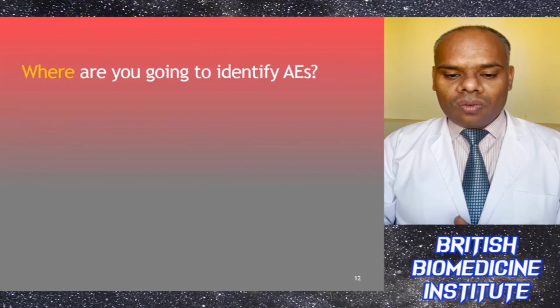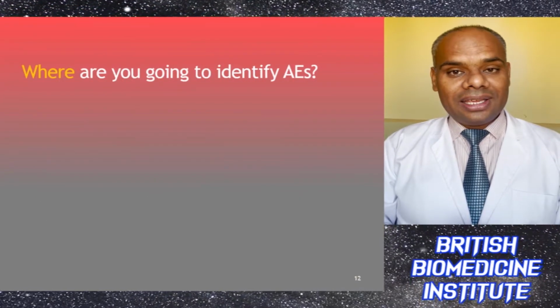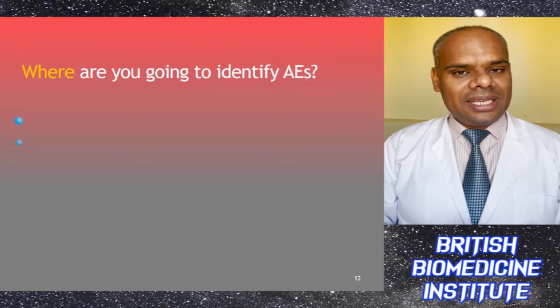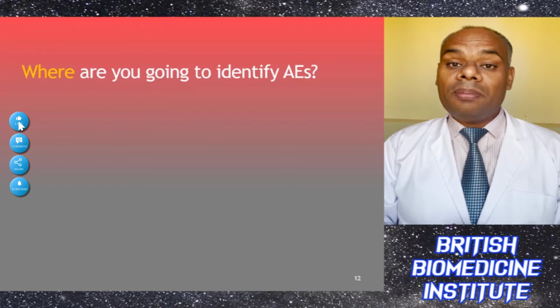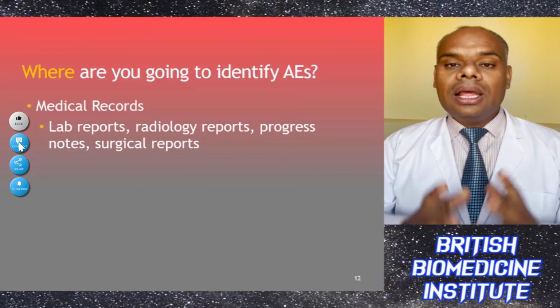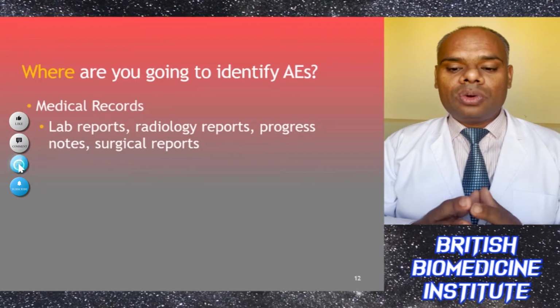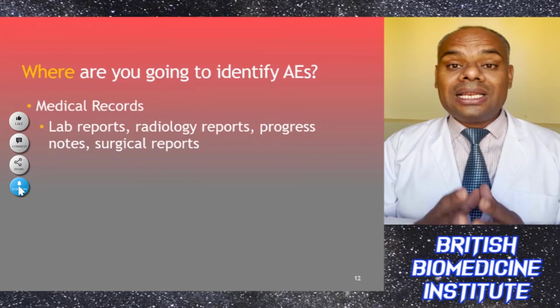So, where are you going to identify adverse events? Basically, we can get information from medical records like lab reports, radiological reports, progress reports, or surgical reports.